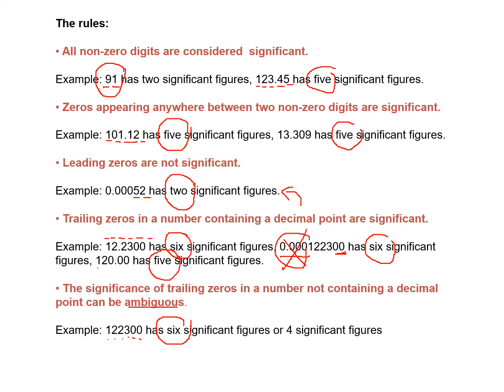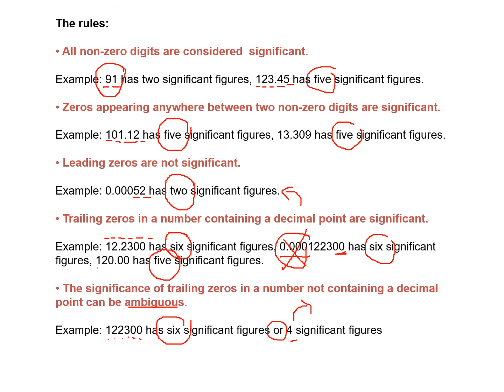Okay, but how can you make sure that this number has 6 significant figures or 4 significant figures? How to get 4? When you want to get 4, for the trailing zeros in a number not containing a decimal point, as you can see here, we can change it to scientific notation form.